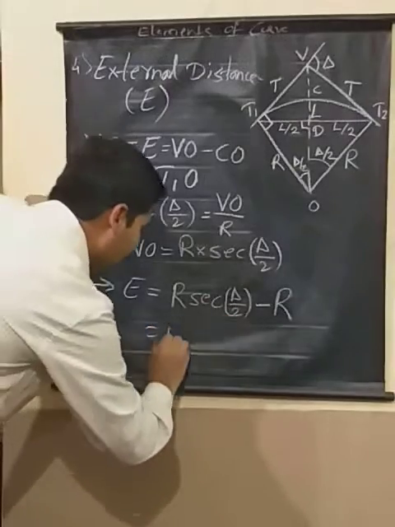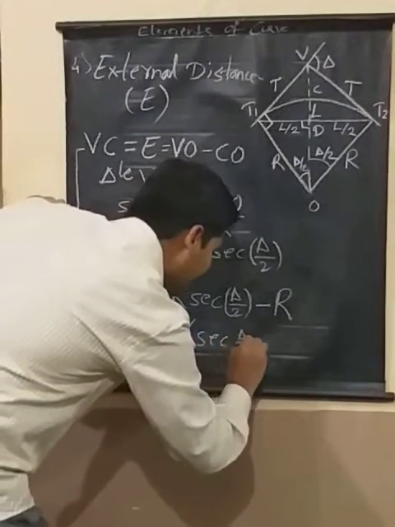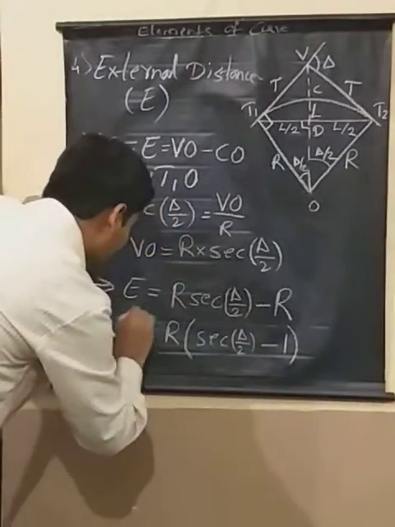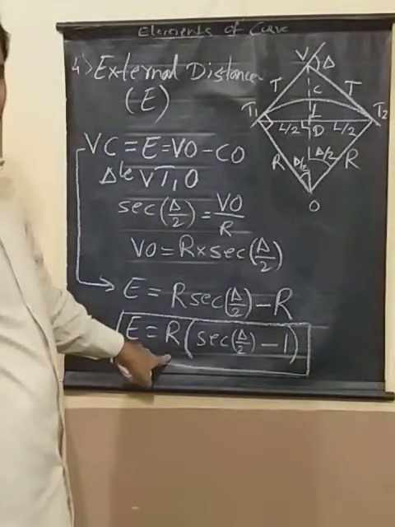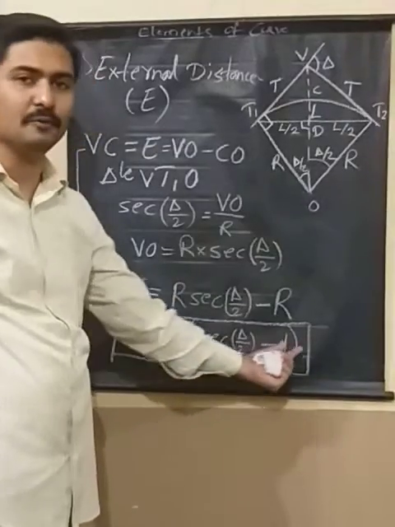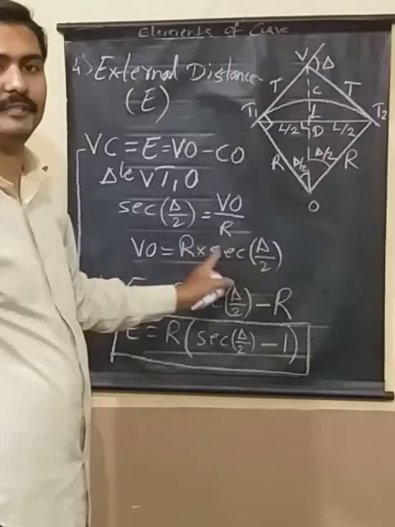So take out R common from this, and you will remain with secant delta by 2 minus 1. So this is the formula for finding the external distance: R into secant delta by 2 minus 1, right? So this is one more expression.